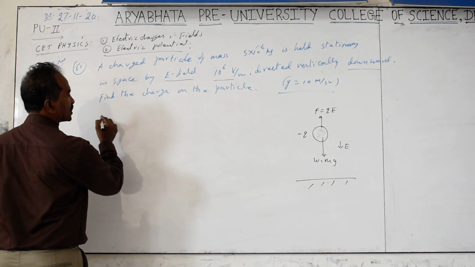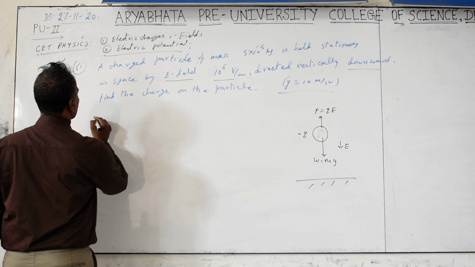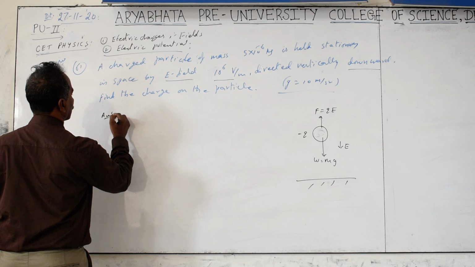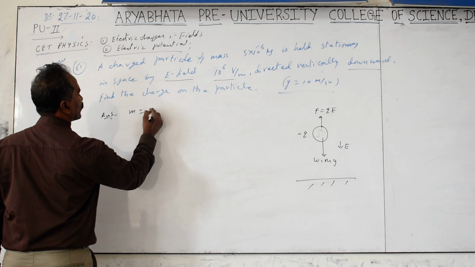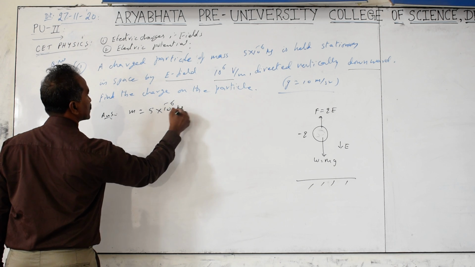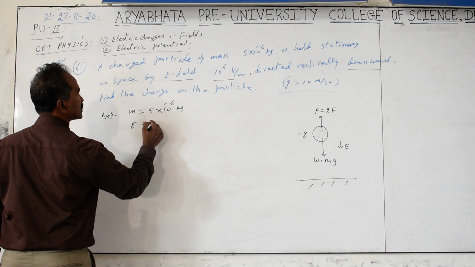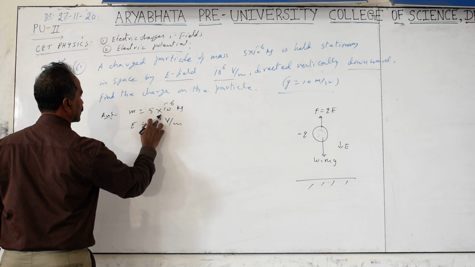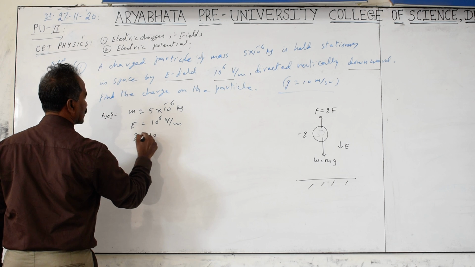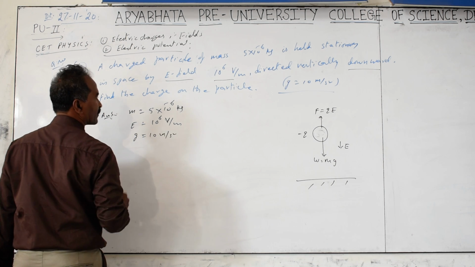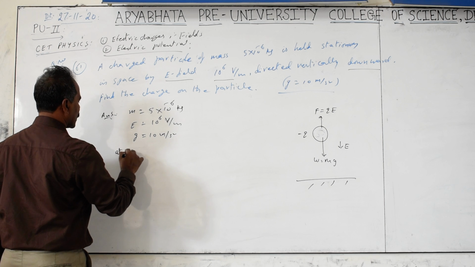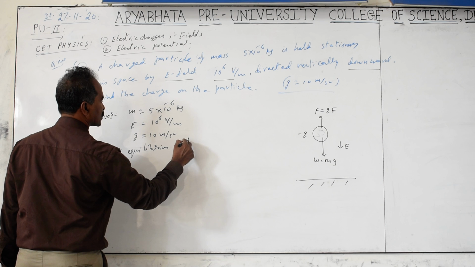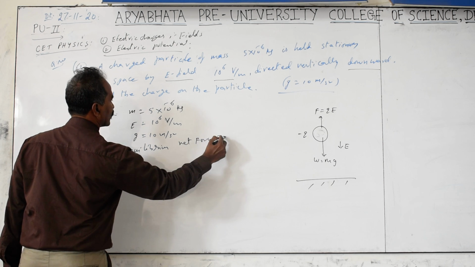At equilibrium, stationary, velocity is 0. Mass is 5 × 10⁻⁶ kg and electric field is 10⁶ volt per meter. g is 10 meter per second square. At equilibrium, net force equals 0.